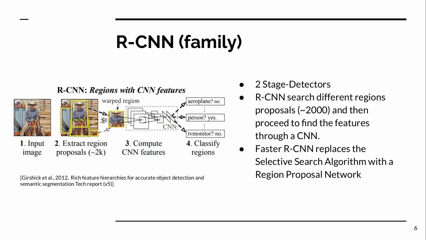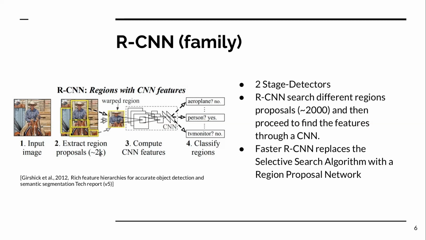Because of the slow process, there are newer algorithms, for example Fast R-CNN and Faster R-CNN, that evolve this algorithm and edit step 2.